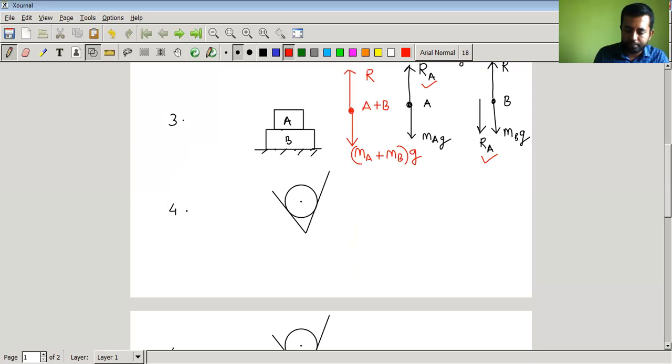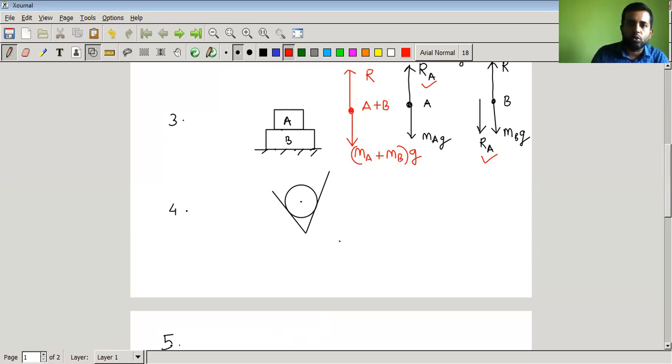Now moving on. In example 4, you see a spherical ball resting in a groove. Now what are the forces acting on it? To remind you of two important things: gravitational force acts perpendicular to the surface of the earth, and contact force acts perpendicular to the surface.